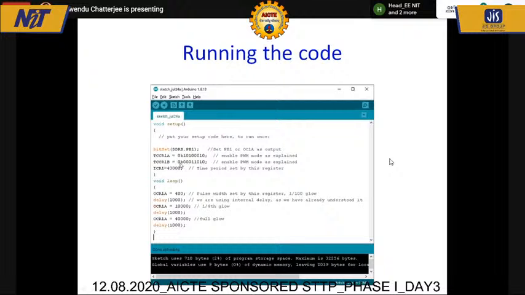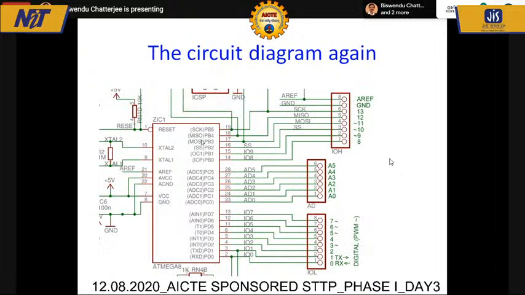Now, before uploading, we need to connect the hardware. For that, recapitulate the circuit diagram. Look at it very carefully. Where is our PB1? Here is our OC1 or PB1 pin.